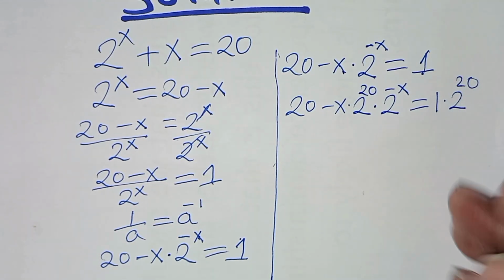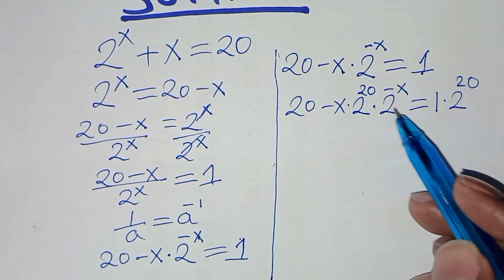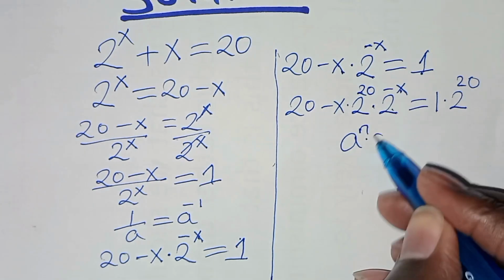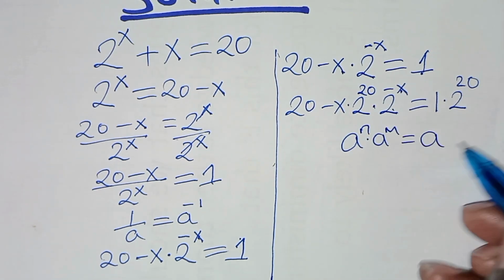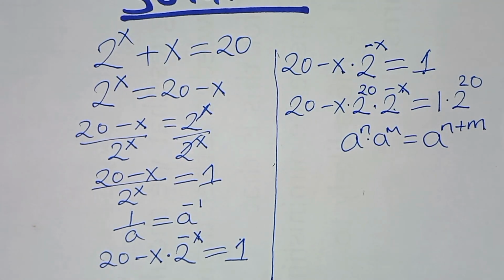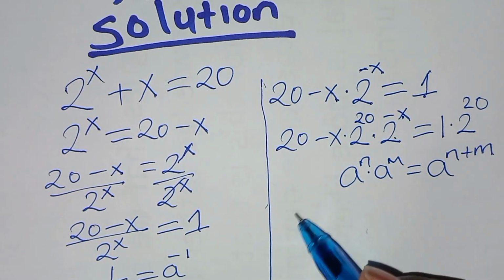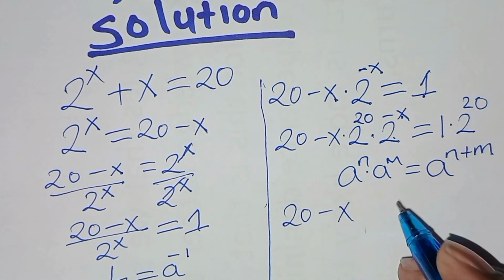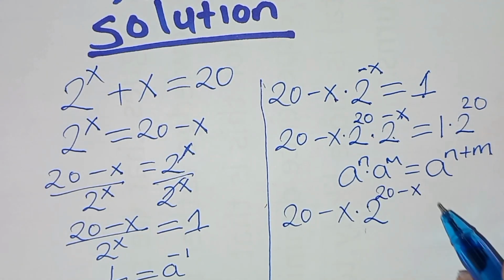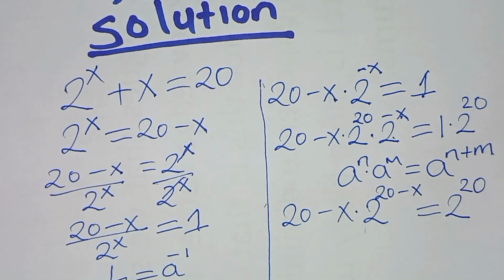So now, 2 to the power 20 multiplied by 2 to the power negative x is in the form of a to the power n multiplied by a to the power m, which is a to the power n plus m. So let's apply this exponent property. Applying it, we'll have 20 subtract x multiplied by 2 to the power 20 subtract x. This is equal to 2 to the power 20.